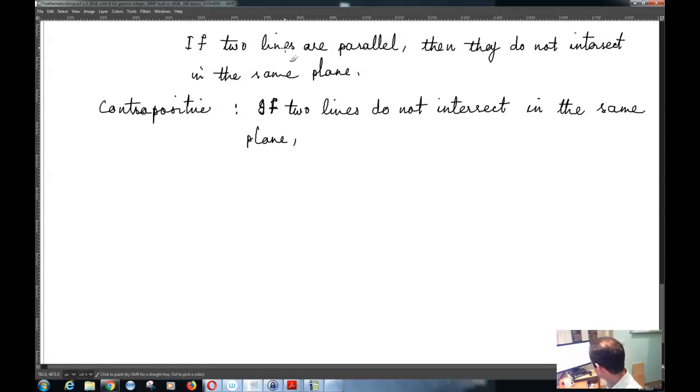That's actually, the answer that you have in the book is wrong. You have to say if two lines do not intersect. Okay.